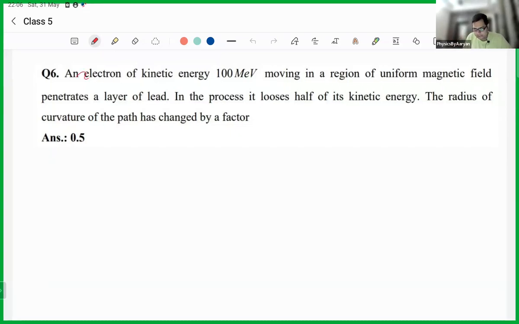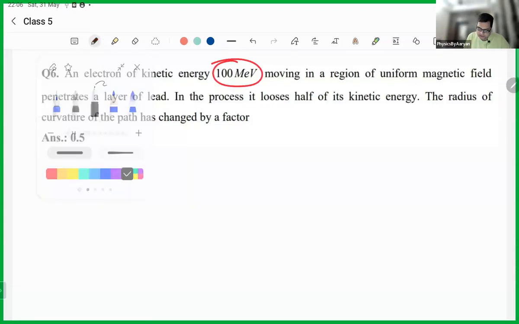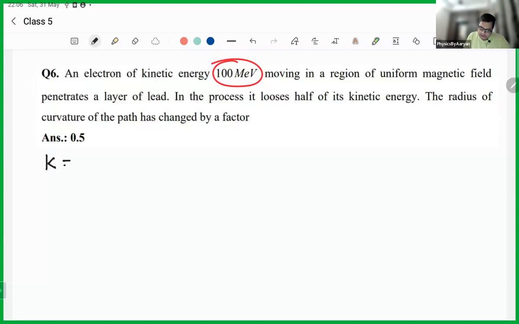The question is something like this. An electron has a kinetic energy of 100 mega electron volt, and it is moving in a uniform magnetic field.